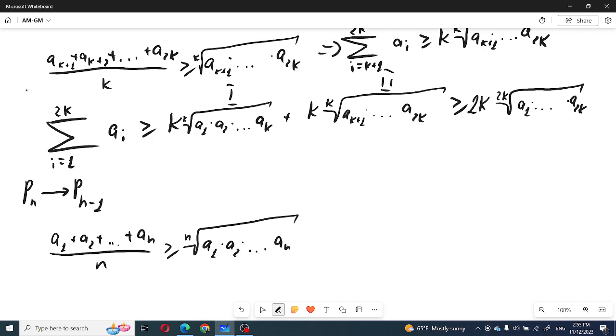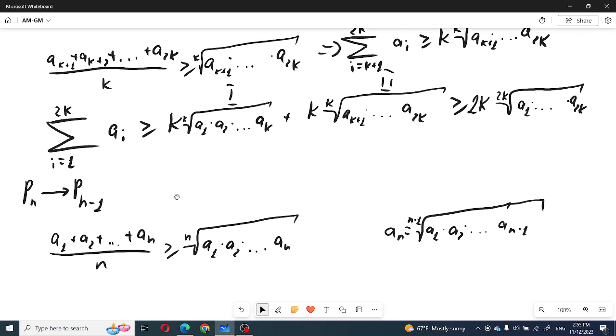Then instead of an we can write any number. So instead of an we need to write the (n minus 1)th root of a1 times a2 times all the way up to an minus 1.